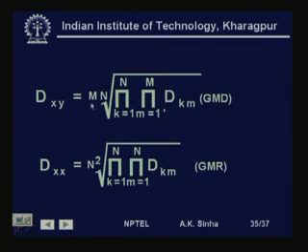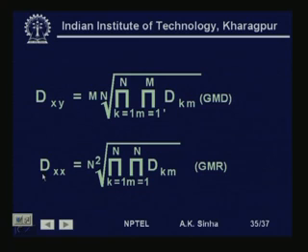Dxy is equal to m nth root of product k is equal to 1 to n and product m is equal to 1 dash to m dkm. This total term dxy is called the GMD, or geometric mean distance, between the conductor x and y.